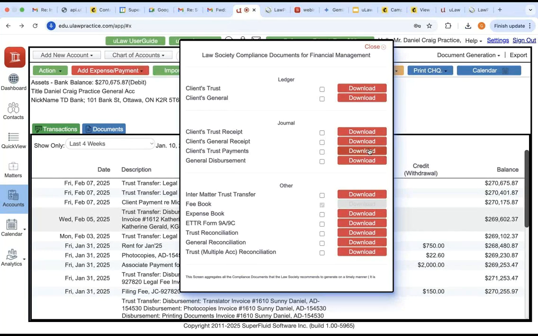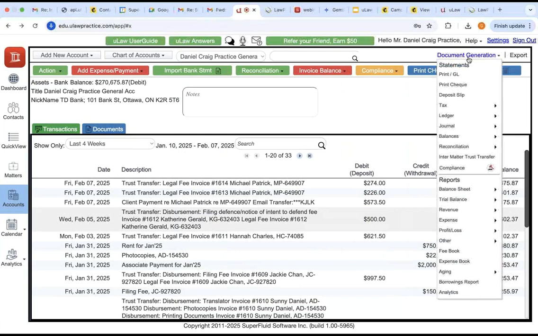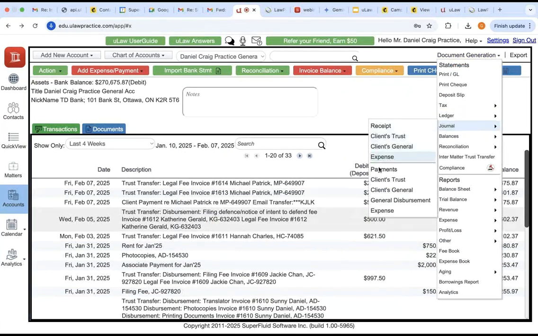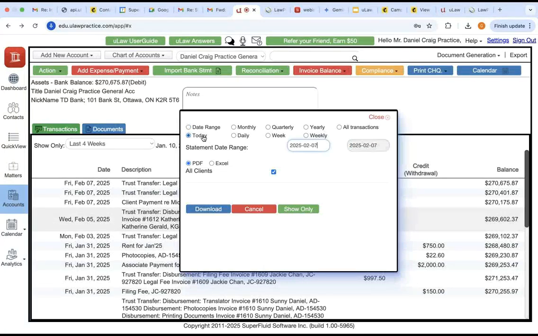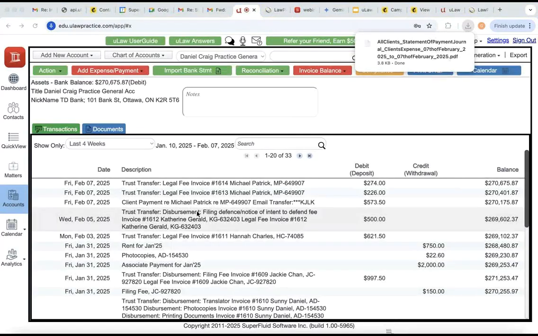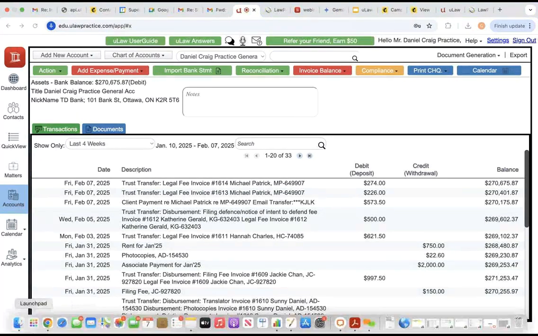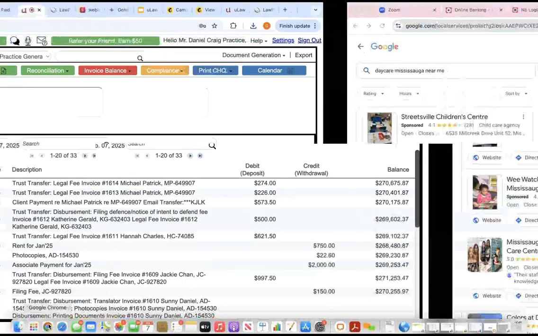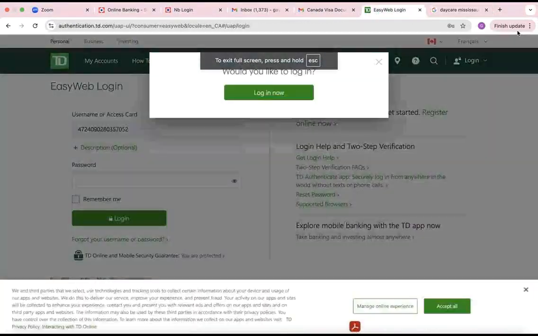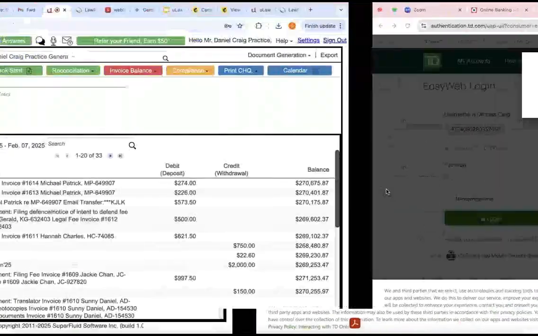When you do client's trust payments, that's when you see all the payments that went out of trust. But when you want to see only the client overall disbursement journal, then you can go into journal. Then you can do client's either trust payment, or there's also something called as an expense journal. So you will see any expenses that were made on behalf of the client or on behalf of the firm, respectively out of trust or the general account.